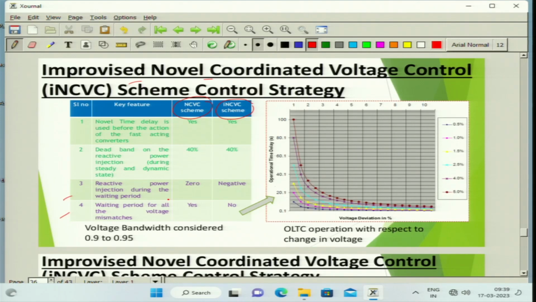The first change is that in our previous proposed scheme, the reactive power during the waiting or delay period was 0. They were not injecting reactive power, they were sitting idle. But in the case of the INCVC scheme, instead of making them sit idle, we ask them to consume reactive power, because the voltage is anywhere between 0.9 and 1.1 per unit.